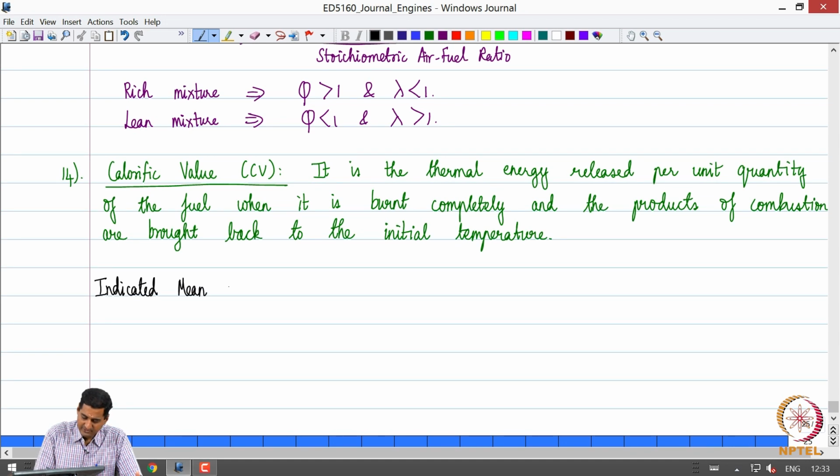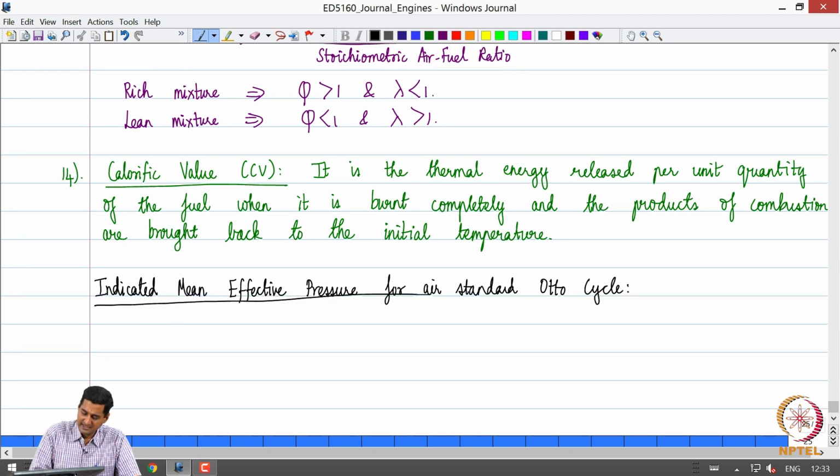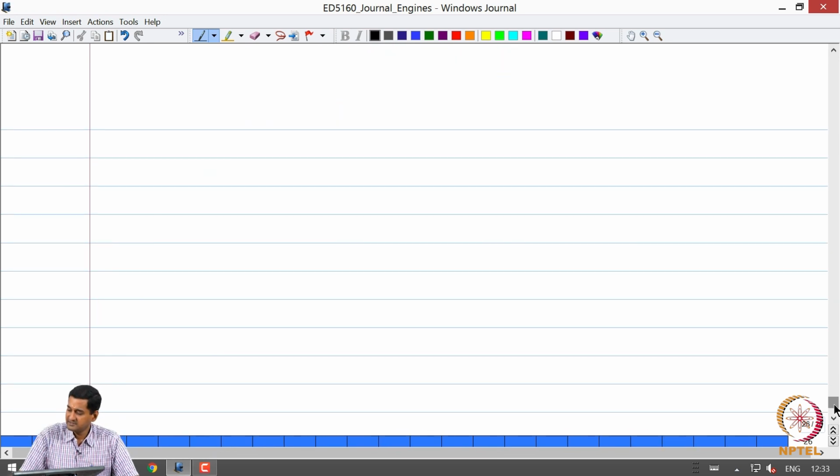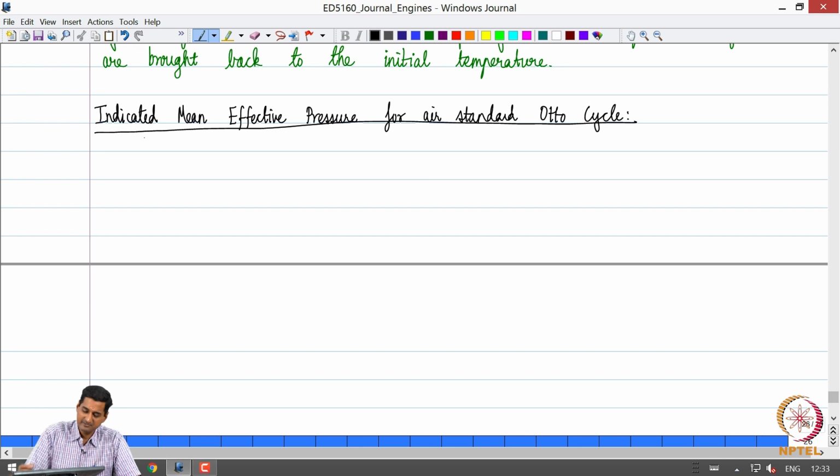is give a notion on the indicated mean effective pressure, right. So, let us derive an expression for the indicated mean effective pressure or IMEP for the air standard Otto cycle. Okay. So, that we understand what are the parameters that affect or influence this mean effective pressure.